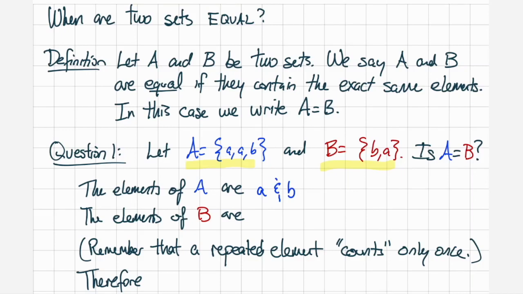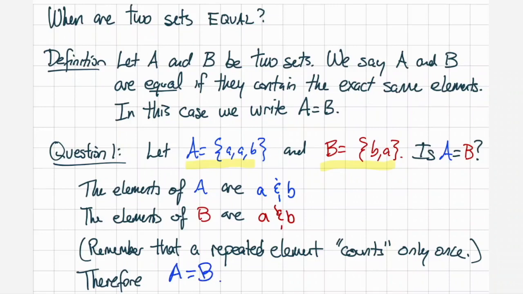What are the elements of the set capital B? Well, they're the same. They're a and b. So remember that even though little a appears to occur twice in capital A, a repeated element only counts once. So the elements of these two sets are exactly the same, and therefore we would say that A is equal to B.